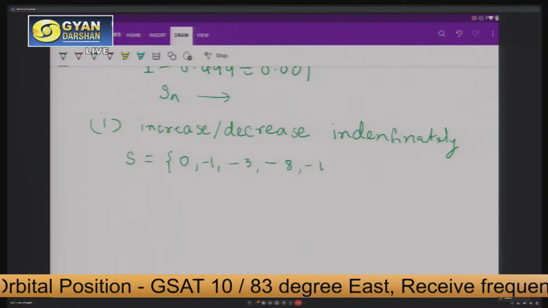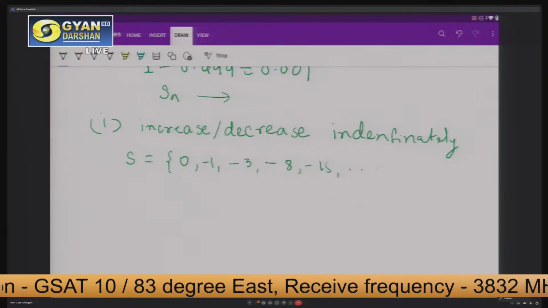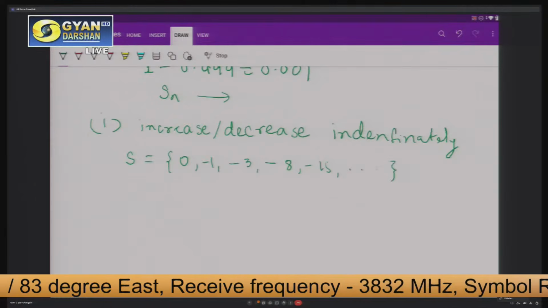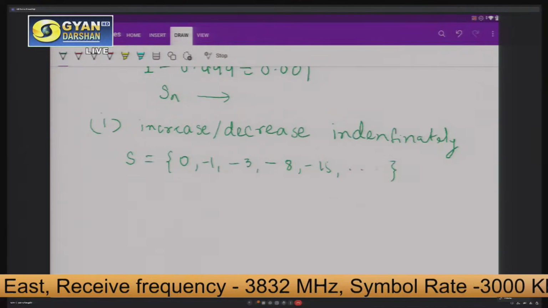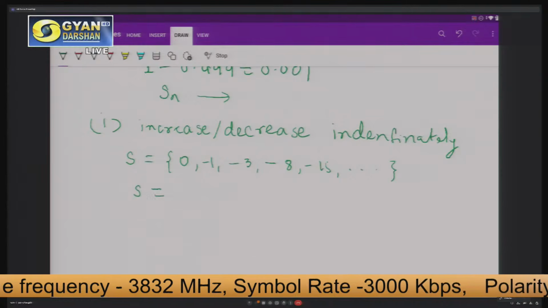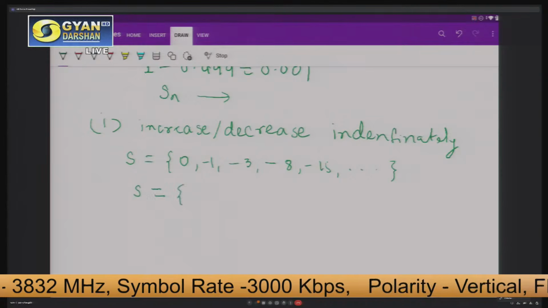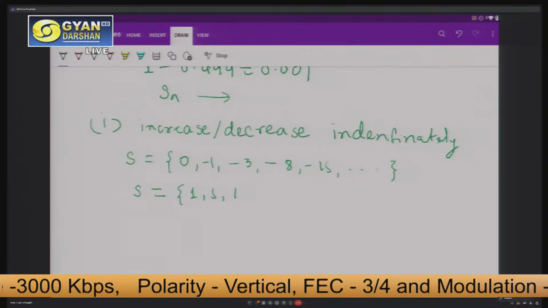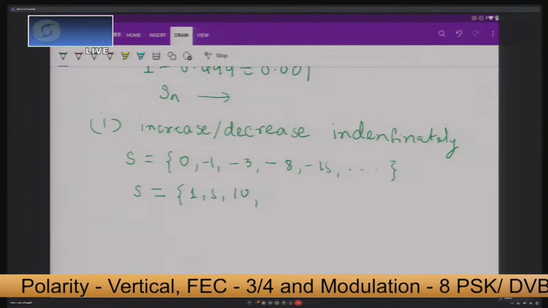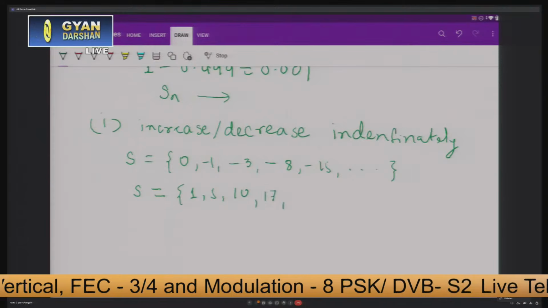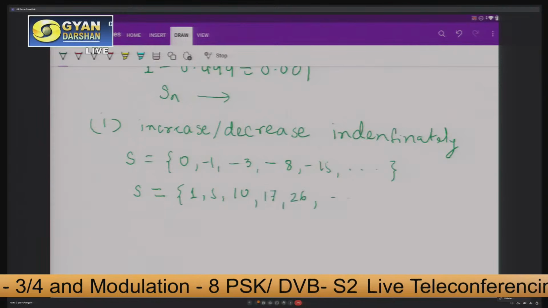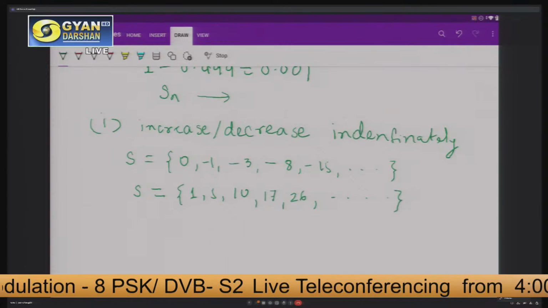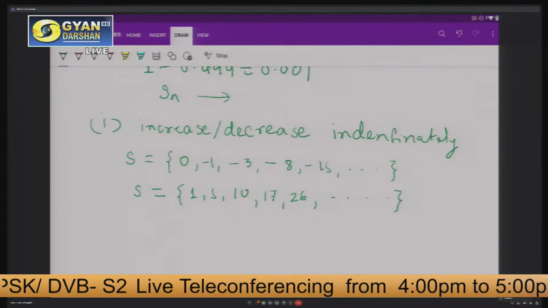This sequence is decreasing and it will reach to -infinity. Another sequence: 1, 5, 10, 17, 26 and so on. So it will reach to +infinity.